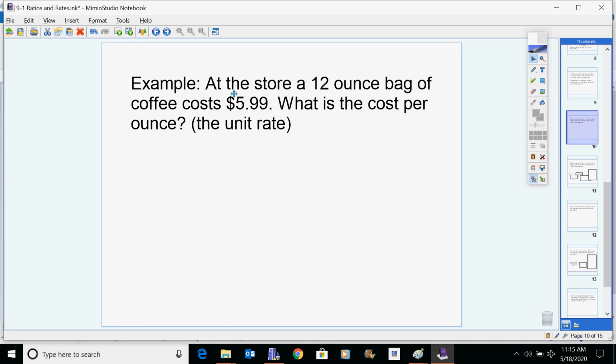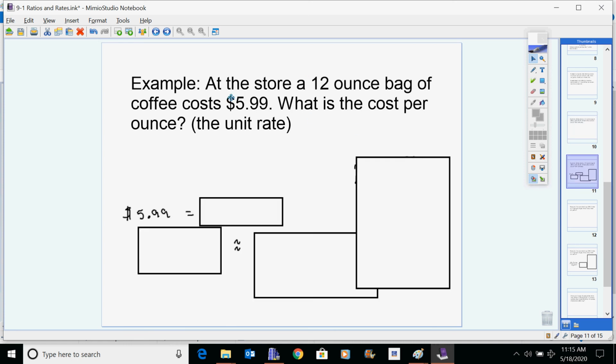So we're going to make this so that you know how much you're paying per ounce. A lot of times, especially on small things in a grocery store, you're going to want to make the dollars and cents into all cents. So $5.99 is 599 cents.